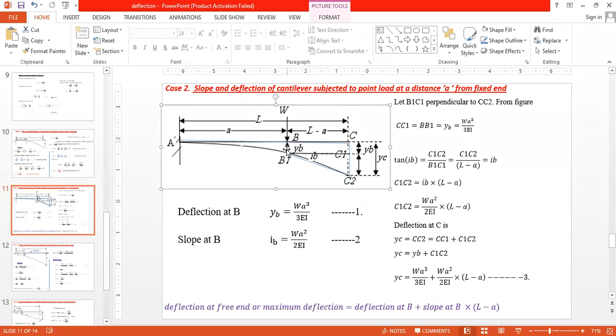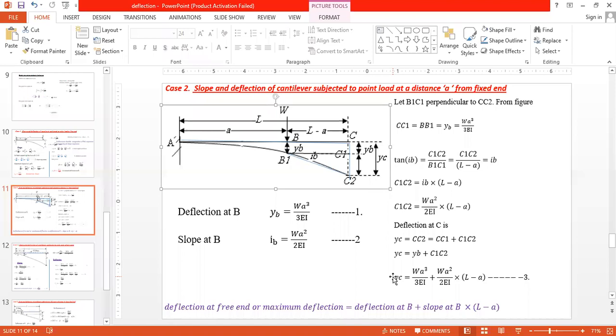Deflection at B is W a cube divided by 3EI. Using that deflection and this slope, we calculated the deflection at C, that is distance C to C2. It is yB plus C1C2.